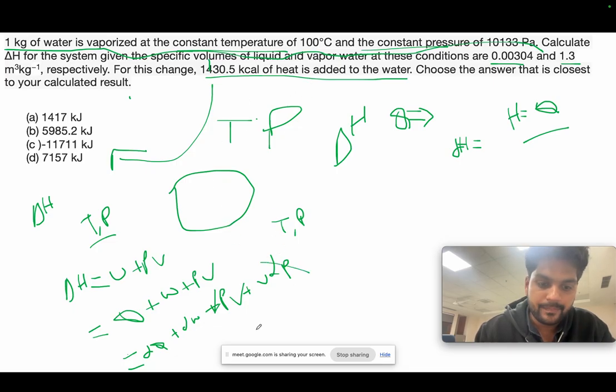Now work you can take in two forms. One is work is minus PdV, plus d(PV).